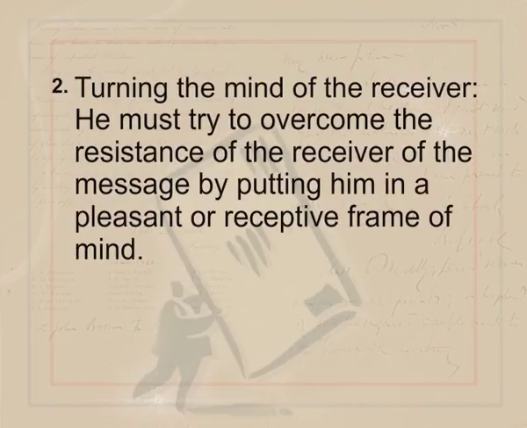Next is turning the mind of the receiver. He must try to overcome the resistance of the receiver of the message by putting him in a pleasant and receptive frame of mind.